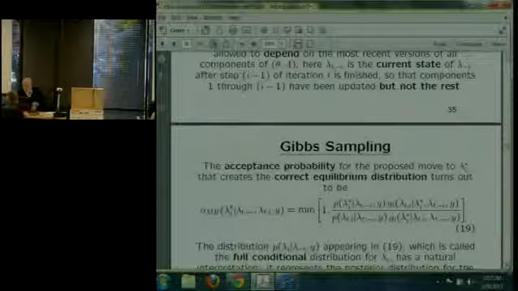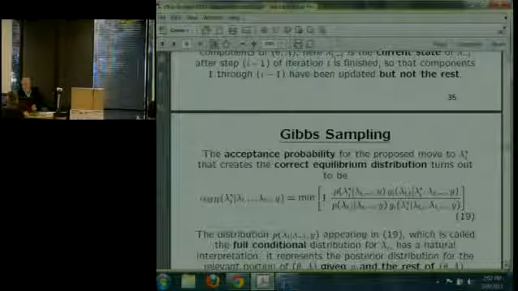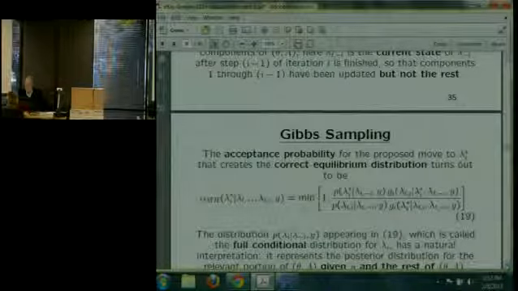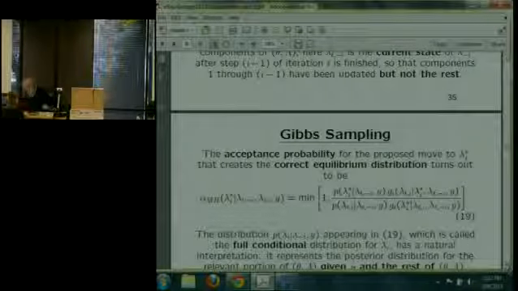These things have a special name in the history of this sort of work. They're called the full conditional distributions for a particular multivariate probability distribution. And let me give you an example of what I mean.